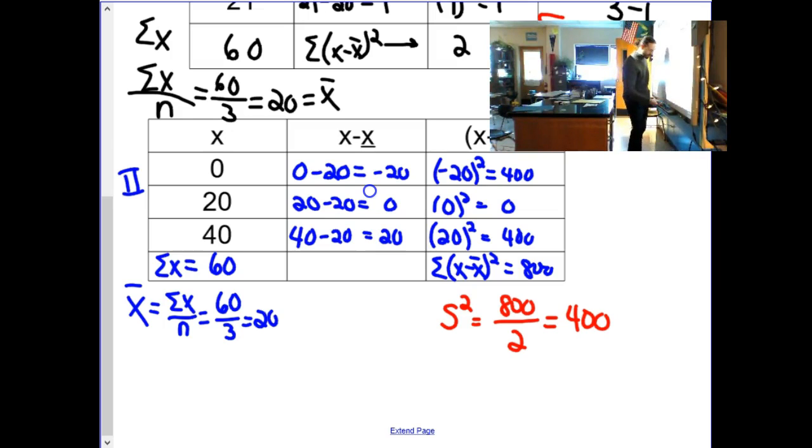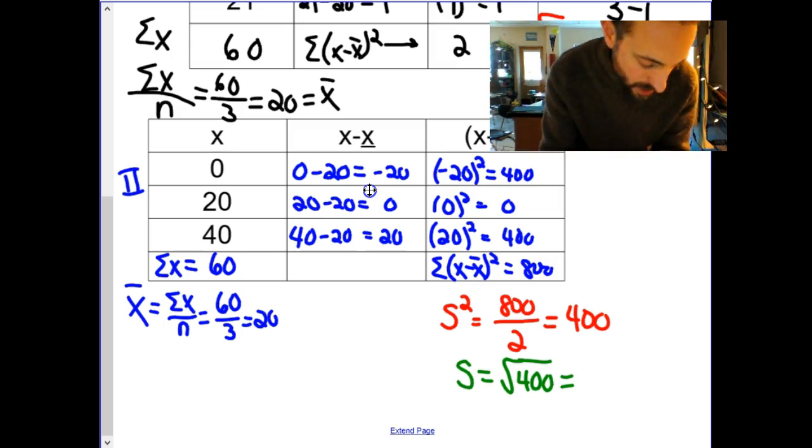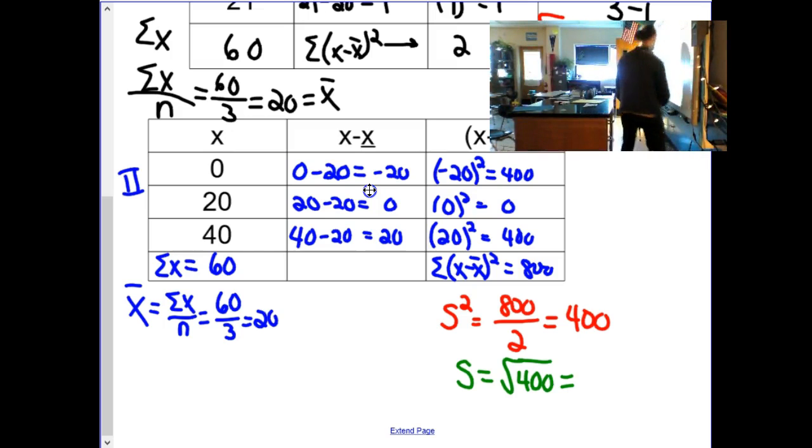Yikes! Well, now I can take the square root of both sides. So s equals the square root of 400, which is equal to, that one I don't know, I'm going to pull out my trusty calculator for that one. Square root of 400, well, I should have known that. 20.